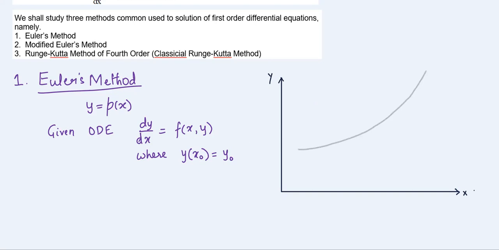Now, given to us is one point at x equal to 0, and we draw straight lines.